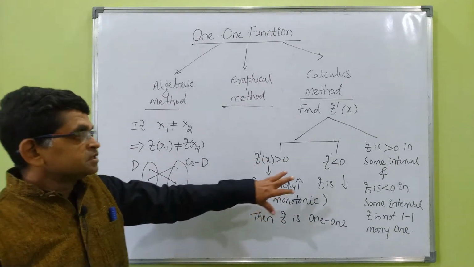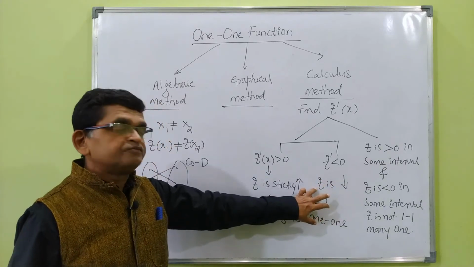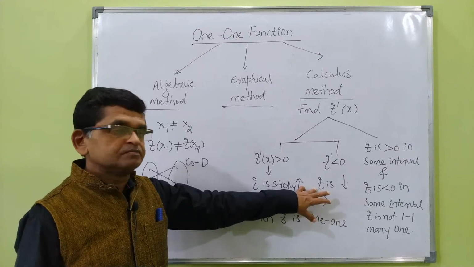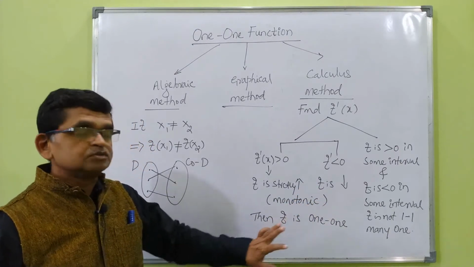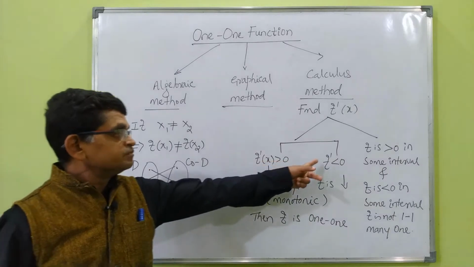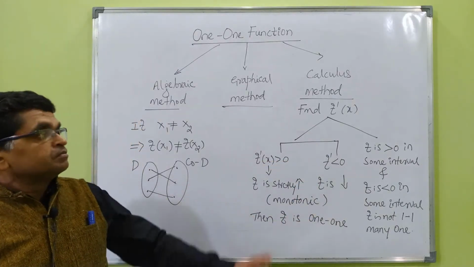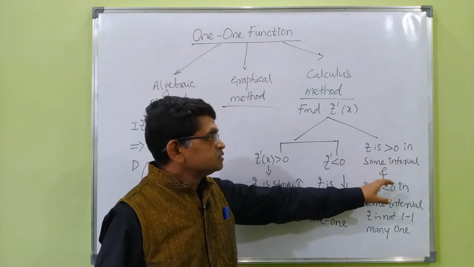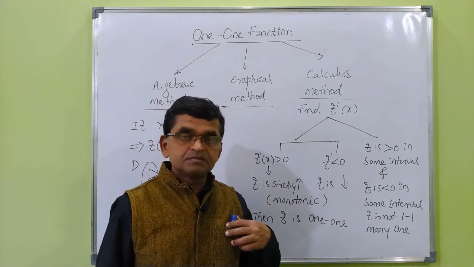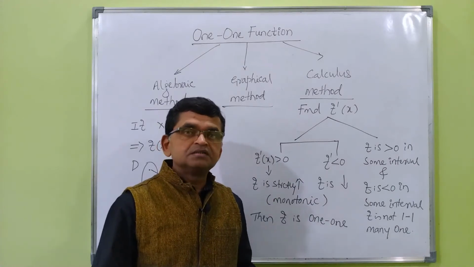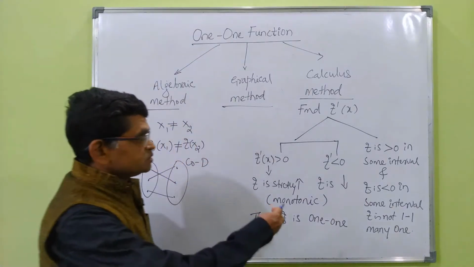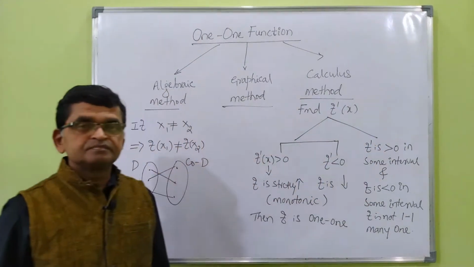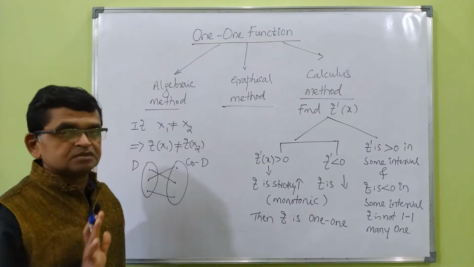If it is strictly negative, then f is strictly decreasing in the interval. So that is also one-to-one. In either case, this will be one-to-one. But sometimes f'(x) is positive in some interval and negative in some other interval, then that is not said to be one-to-one. That may be many-one. Okay, this is the procedure.